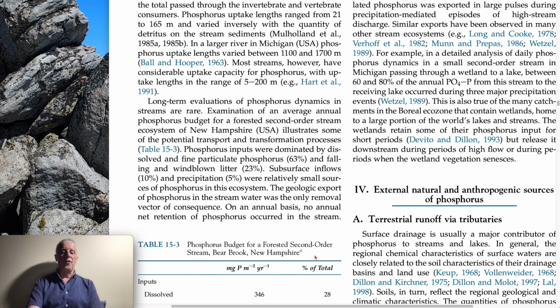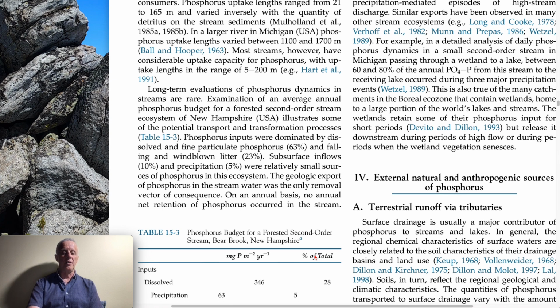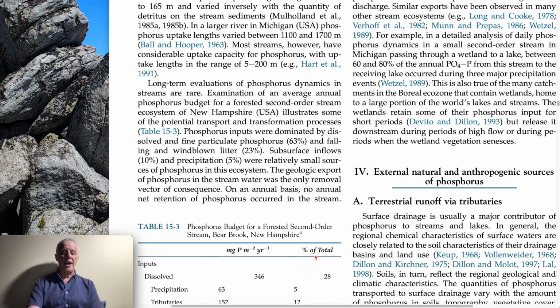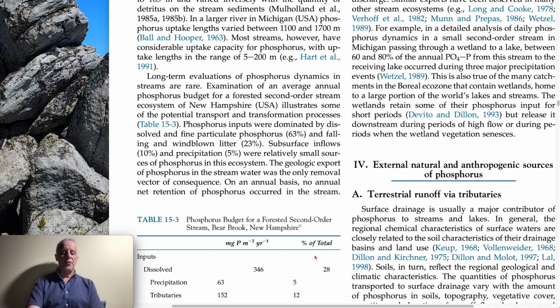Long-term evaluations of phosphorus dynamics in streams are rare. Examination of an average annual phosphorus budget for a forested second-order stream ecosystem of New Hampshire illustrates some of the potential transport and transformation processes. Phosphorus inputs were dominated by dissolved and fine particulate phosphorus, 63%, and falling and wind-blown litter, 23%.